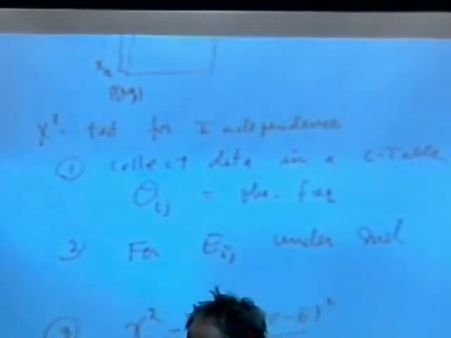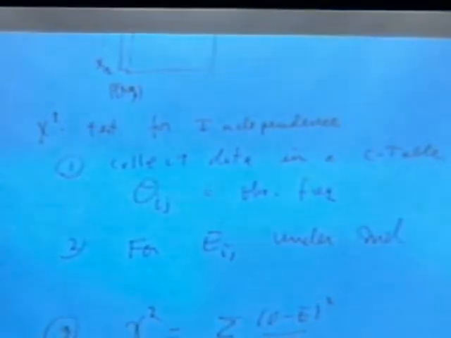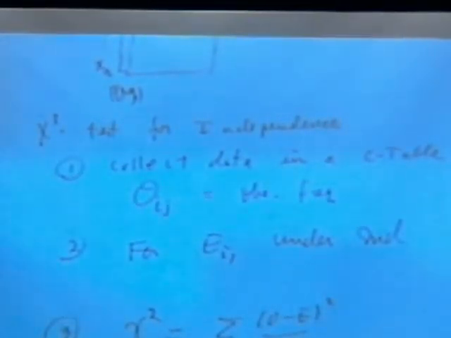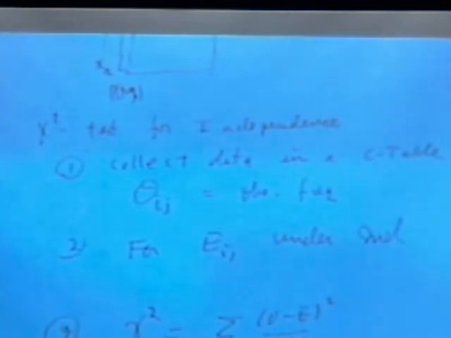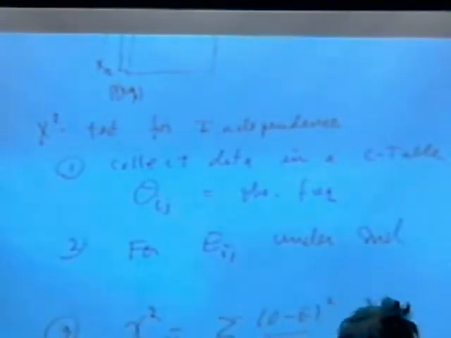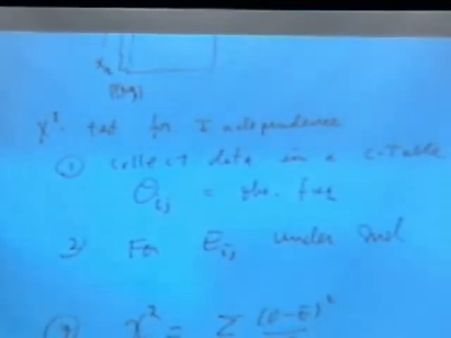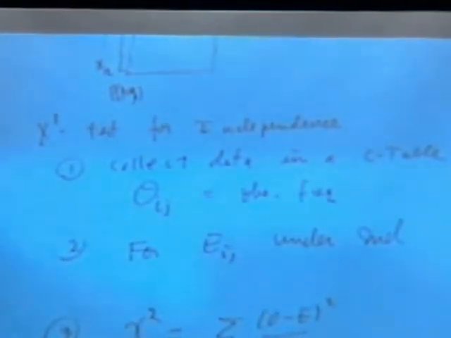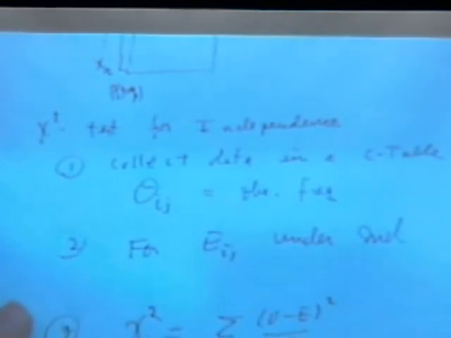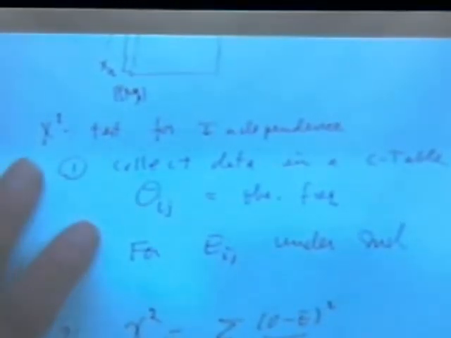I don't know if we got that far. Are you comparing it against the chi-square with 1 degree of freedom at your significance level? No, your degrees of freedom will be the number of rows minus 1, times the number of columns minus 1.